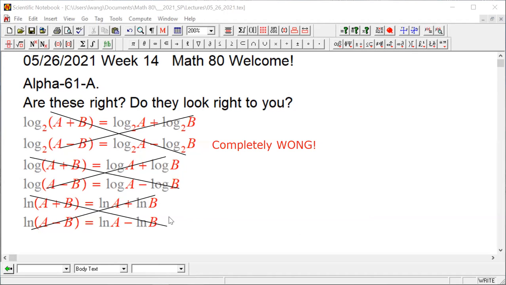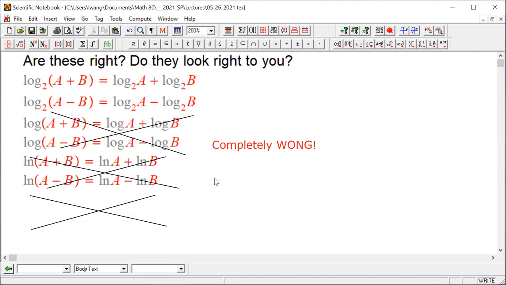I can continue to give you these forms, which include an even more general form: log base b of capital A plus b equals log base b of capital A plus log base b of b. And these are very, very common mistakes. This is a minus.